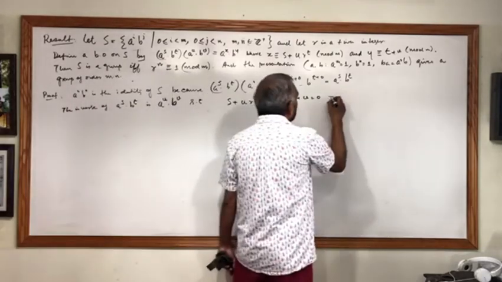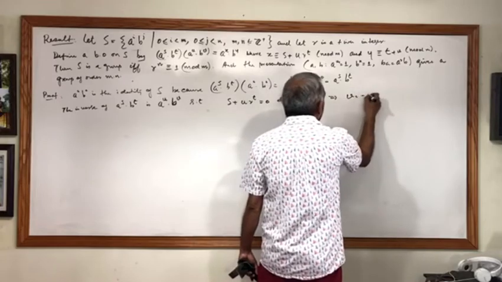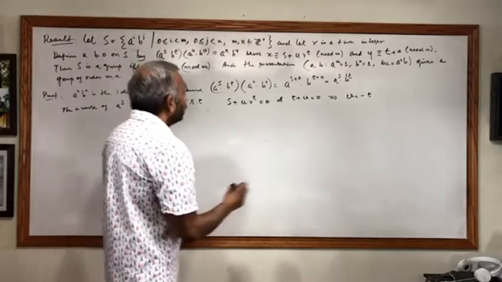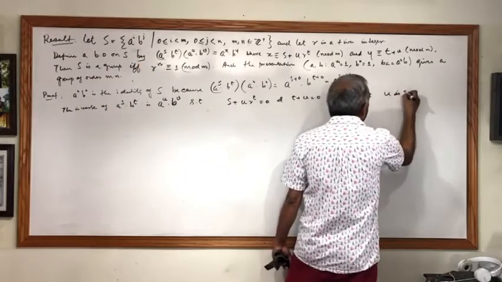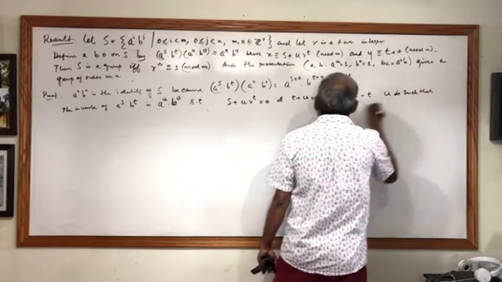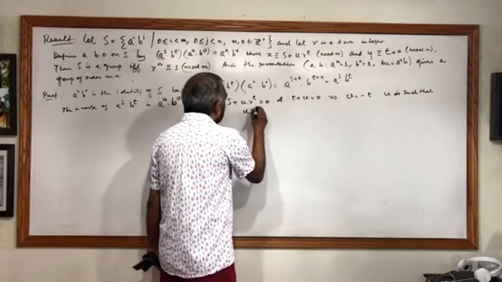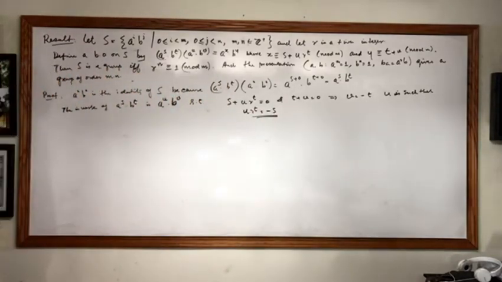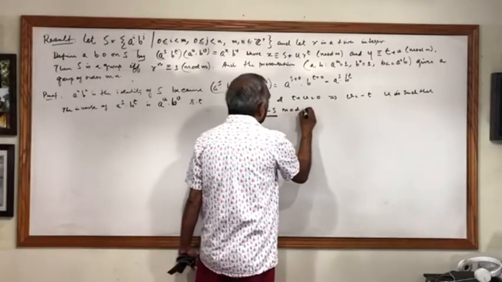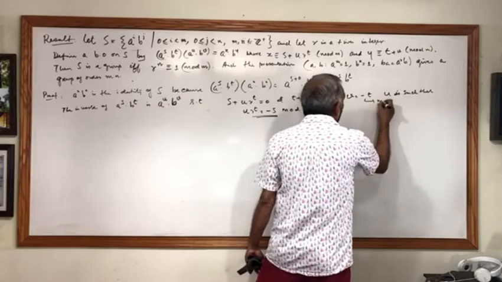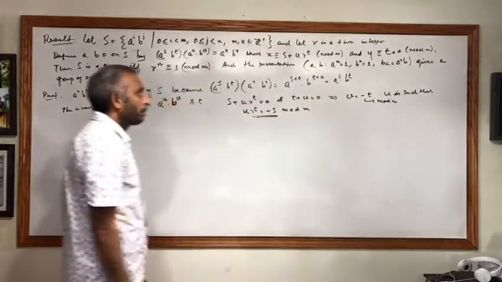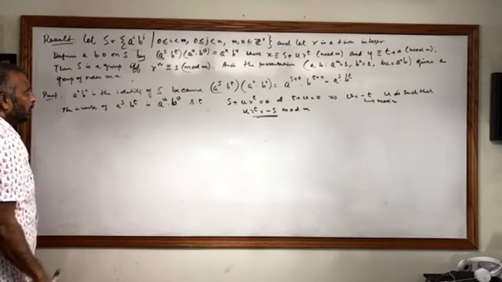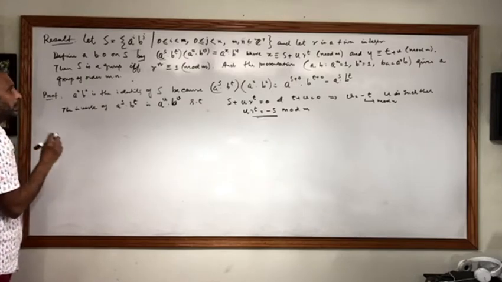And that implies v is equal to minus t, and u is such that u r to the power of t is equal to minus s. This is actually mod m, and here this is going to be mod n. So we have an inverse of every element.